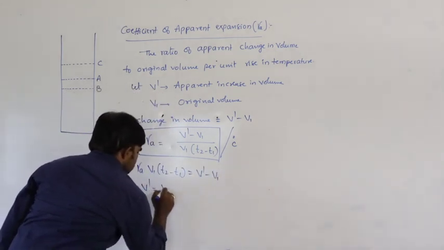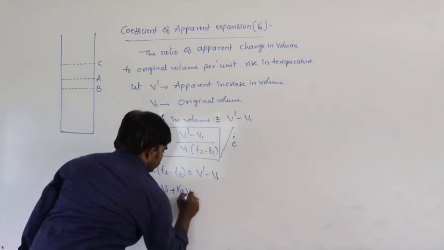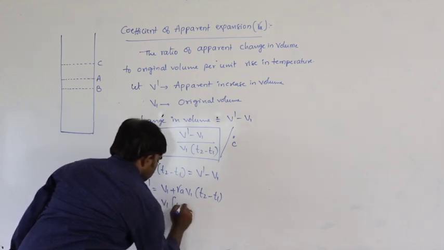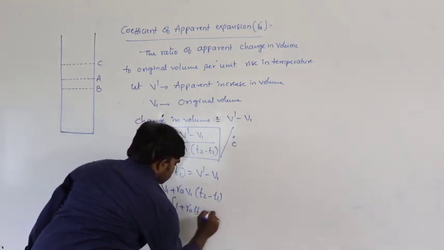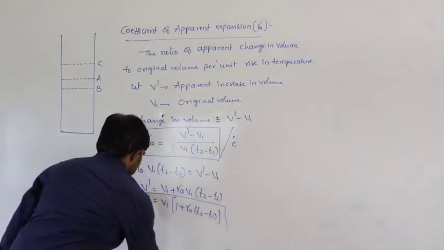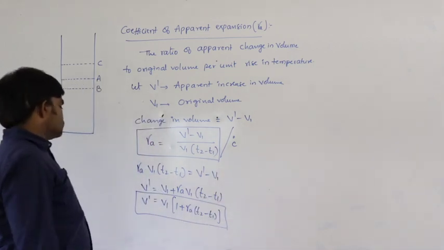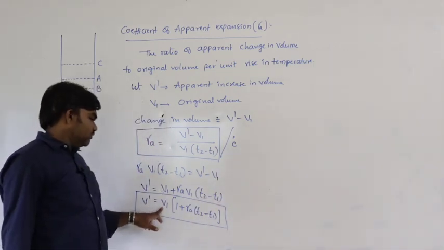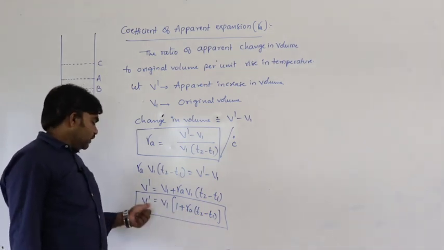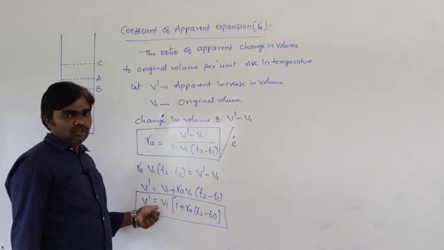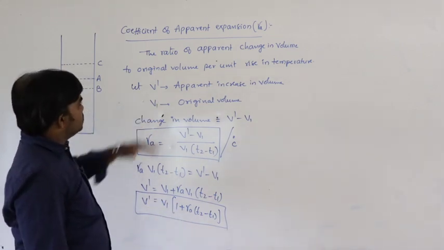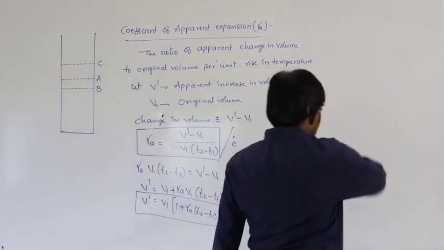Therefore V dash is equal to V1 plus gamma A V1 into T2 minus T1. Taking V1 common, V dash is equal to V1 into 1 plus gamma A into T2 minus T1. So this is the final apparent volume of the liquid, and V dash minus V1 is the apparent change.